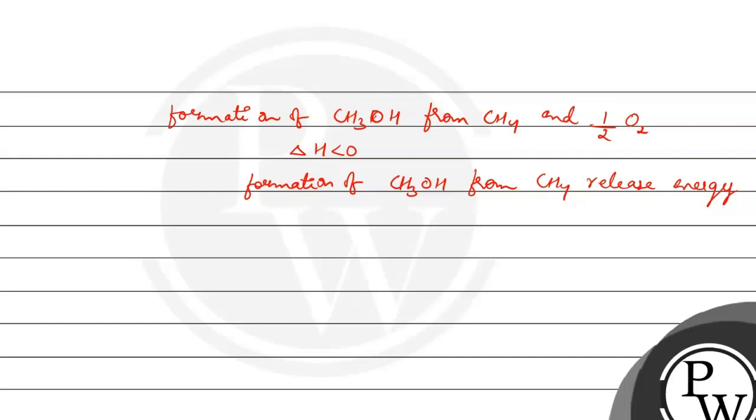So now we'll write the combustion reactions separately for these two. The combustion reaction of methane is written as 1 mole of methane combines with 2 moles of oxygen to form 1 mole of CO2 plus 2 moles of H2O.